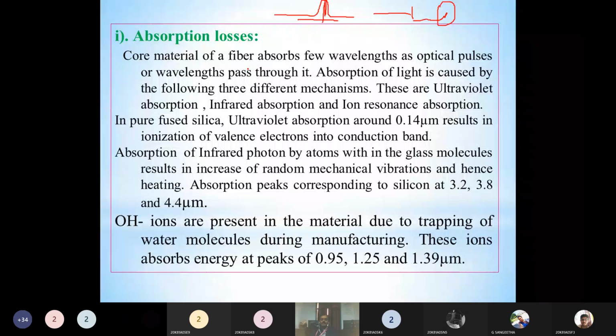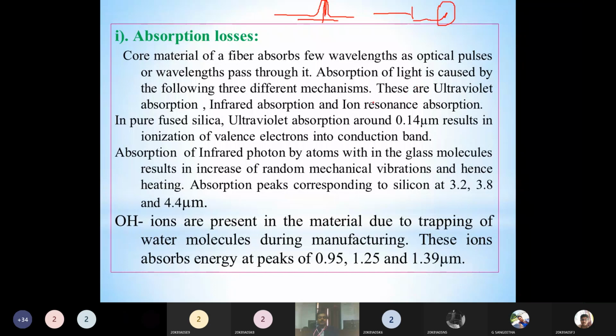Based on these considerations, there is absorption loss. The core material of the fiber absorbs a few wavelengths as optical pulses pass through it. The absorption of light is caused by the following three different mechanisms.